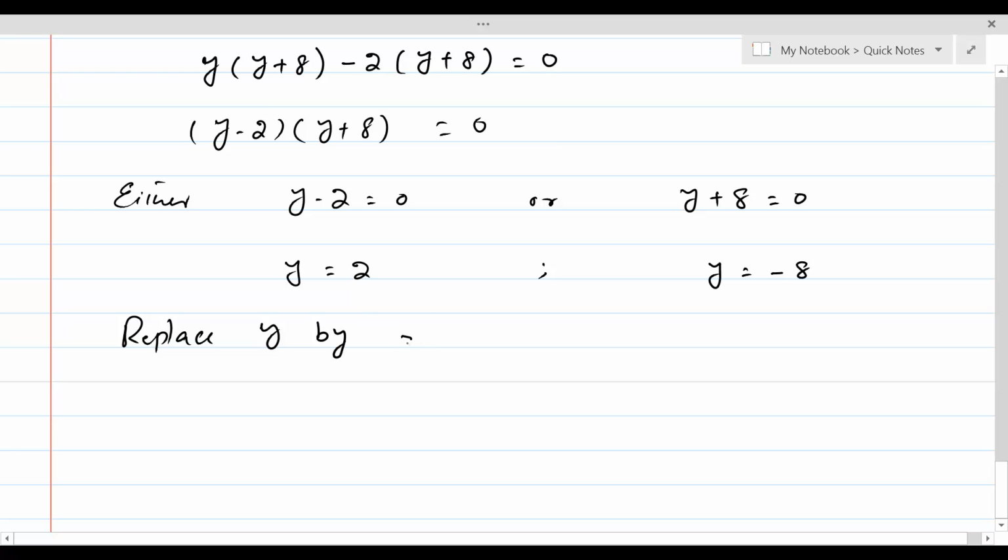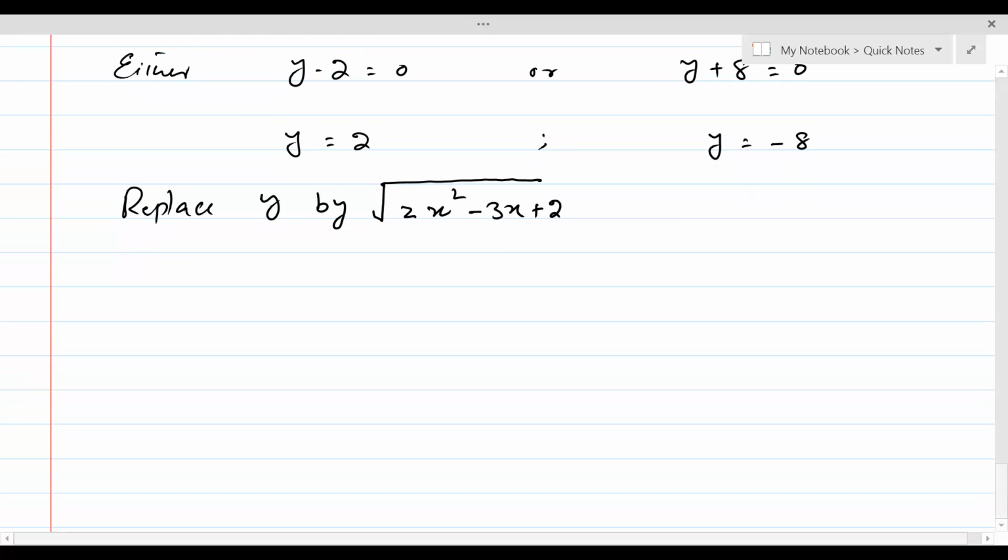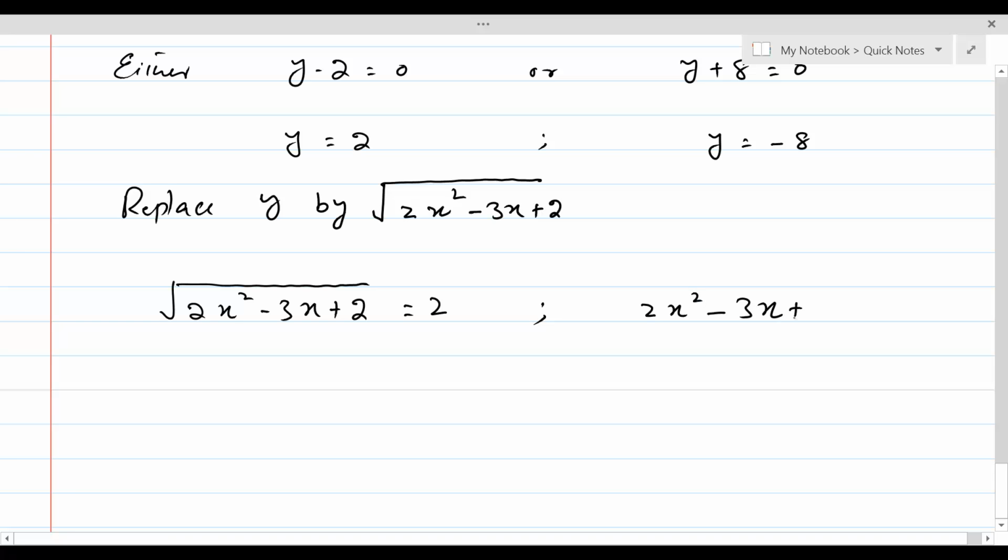This way we will have the square root of 2x square minus 3x plus 2 equal to 2 on this side, and on this side the square root of 2x square minus 3x plus 2 equal to minus 8.